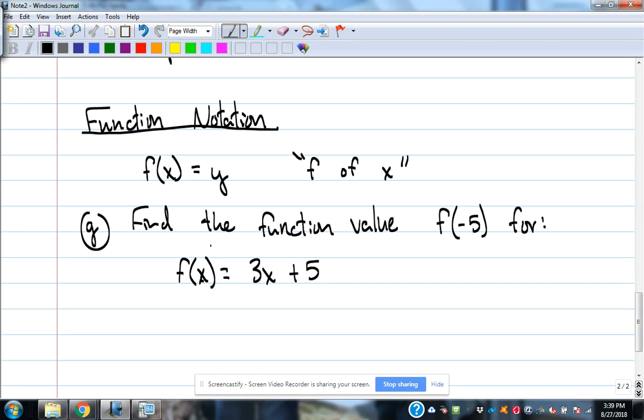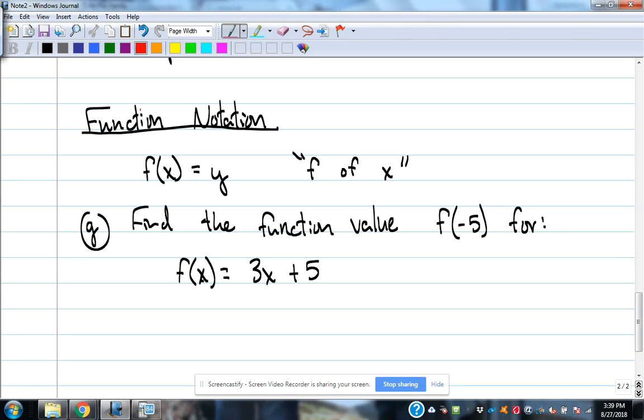So they give us this function f of x is equal to 3x plus 5. It's in function notation, so we already know it's a function. We don't have to test it with the vertical line test because they wrote it with that notation.